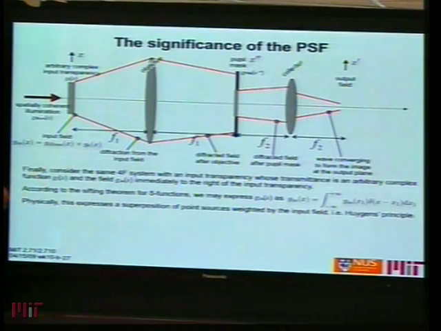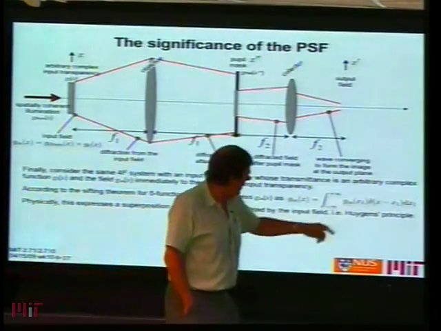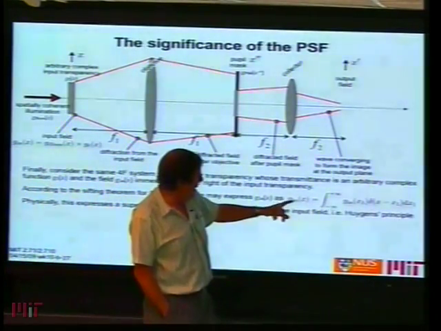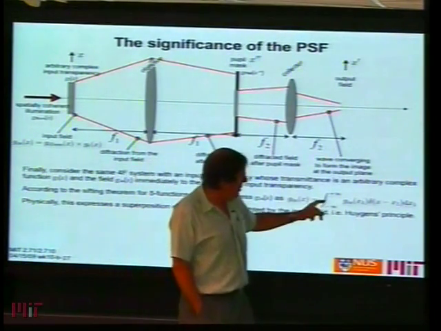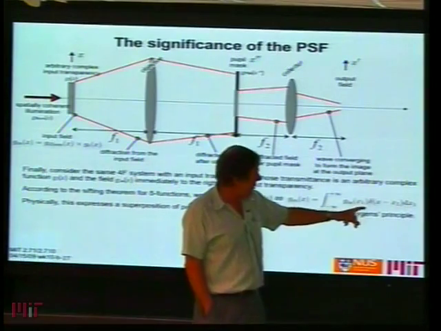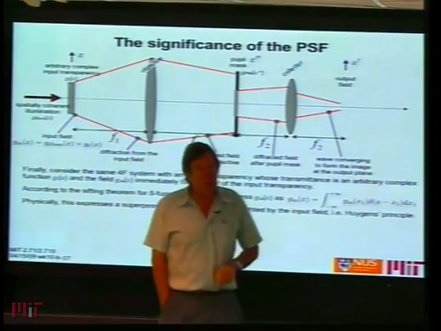Any arbitrary function you can divide up into lots of delta functions, where the strength of each of them corresponds to the strength of that function at that point. So this is what this expression is writing down: the g in is written as an integral over delta functions with the strength given by the function.